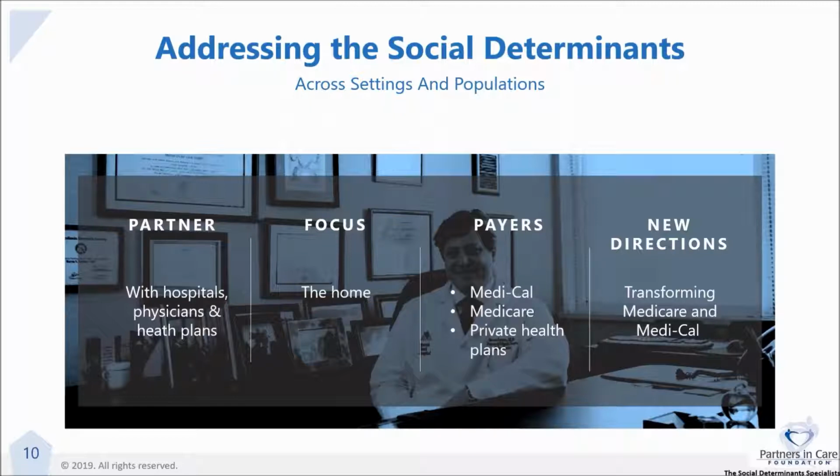But it's a much different way. Instead of doing units of care or providing widgets of service, a prescription for a drug, a prescription to get a radiology service provided, rather than looking just at individuals, we look across populations and see what we can do to improve health.